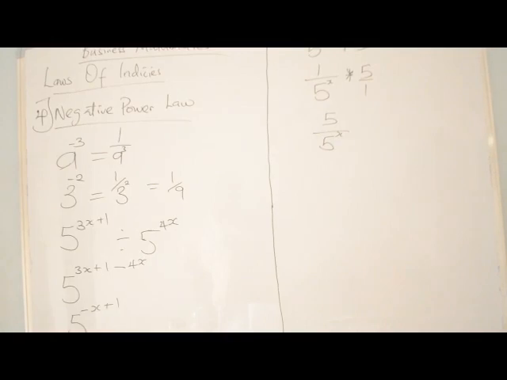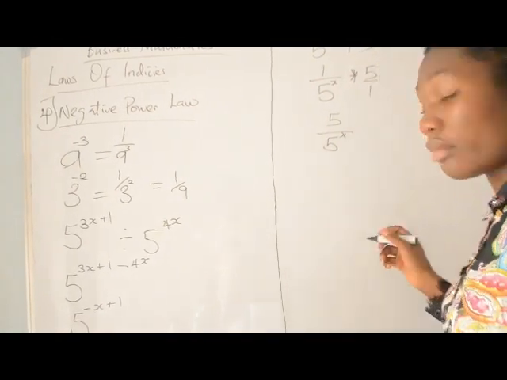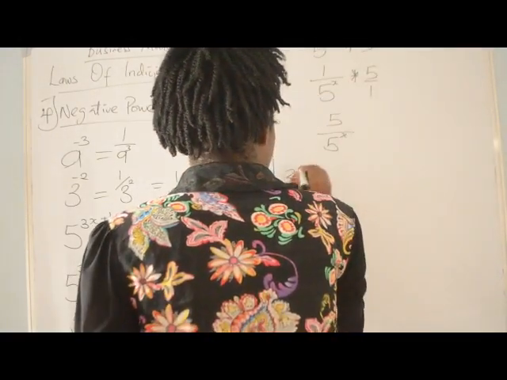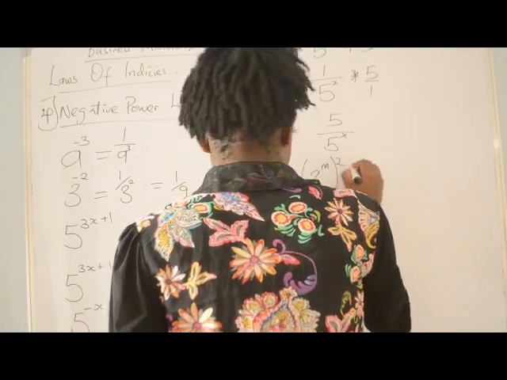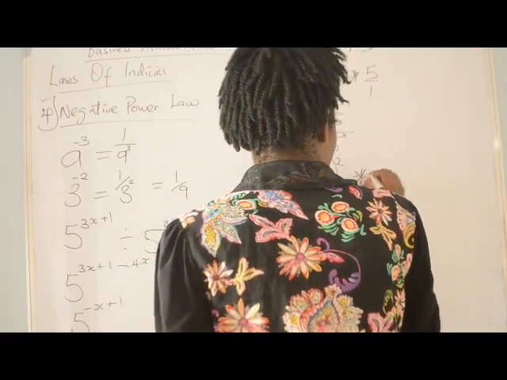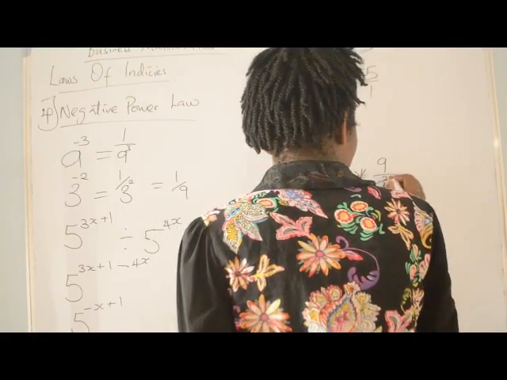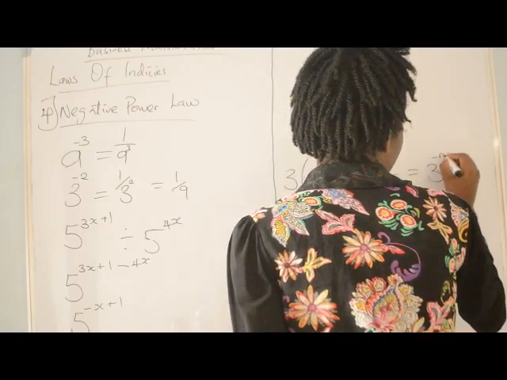Now I'm going to take our second example. We have 3 multiplied by 9 over 9 raised to power 2n is equal to 3 raised to power minus n.